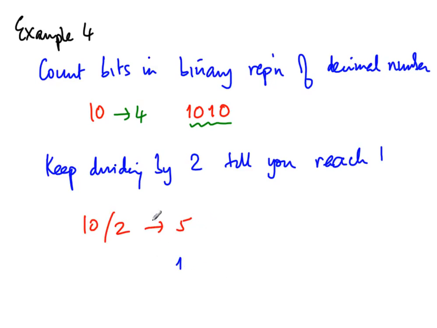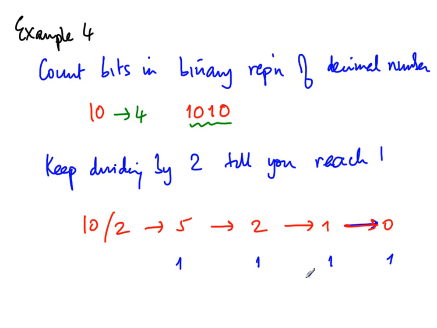Now 5, when you divide by 2, you get 2.5, so you just keep 2, and that is 1 more. Now you divide by 2 and get 1, which requires 1 more, and then you divide by 2 and get 0. That gets 1, and now you've reached the end, and so you have 4 digits. So this is the algorithm.